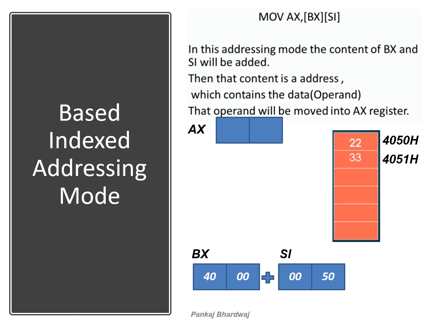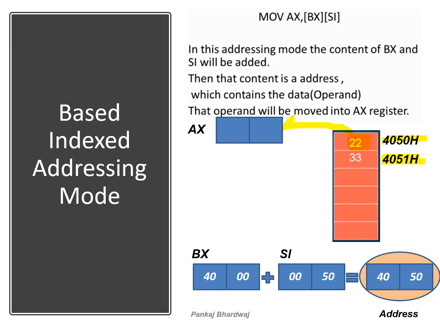So MOV AX, [BX+SI] means BX plus SI will give you the address of the memory location. BX is 4000 and SI is 0050, so cumulatively it is 4050. 4050 and 4051 will be having the data, and 22 will be moved to AL and 33 will be moved to AH.